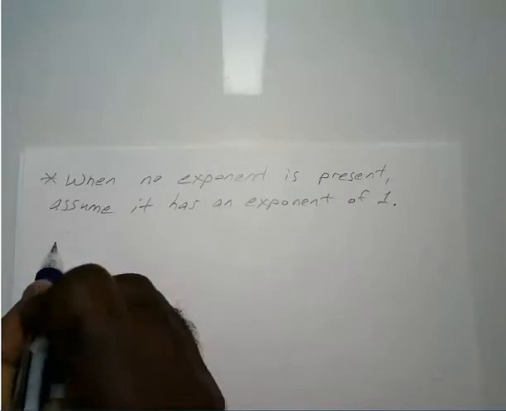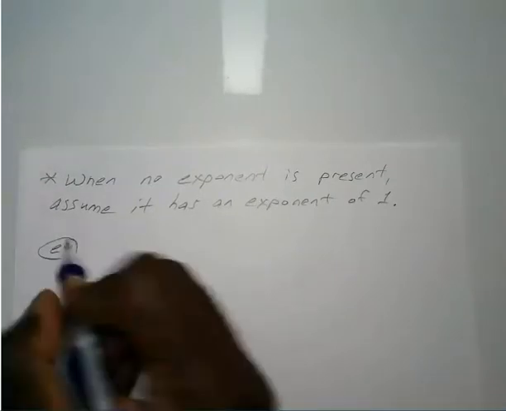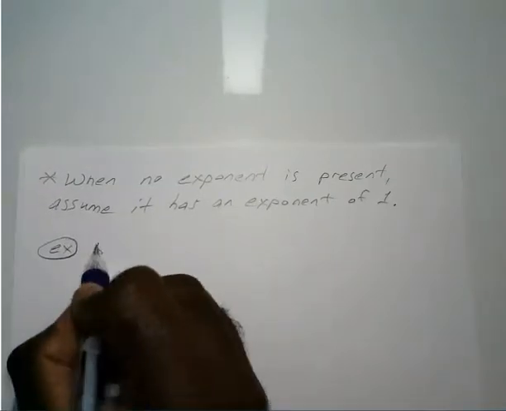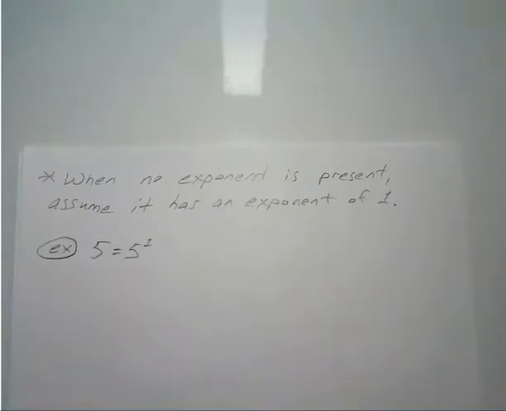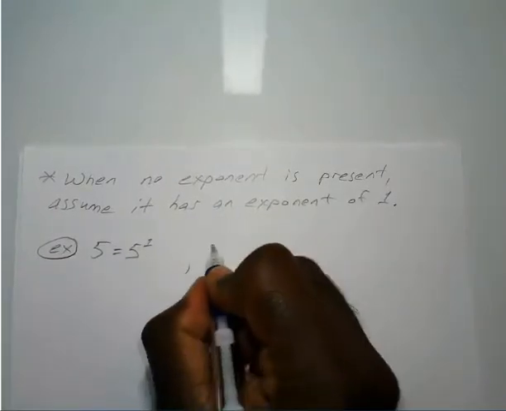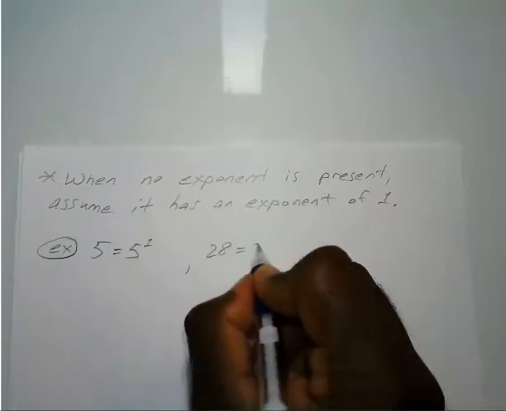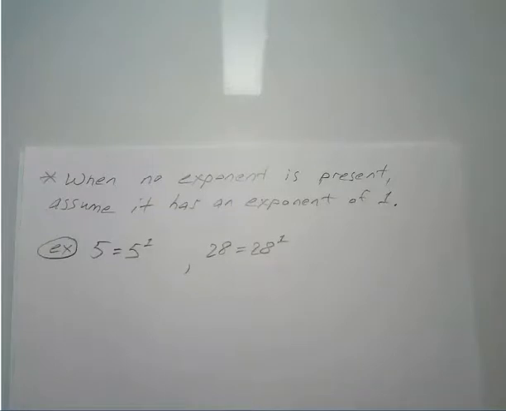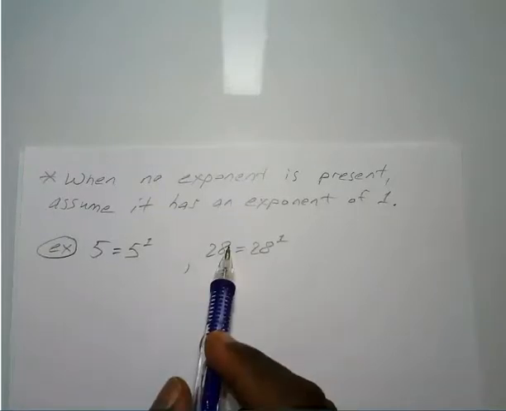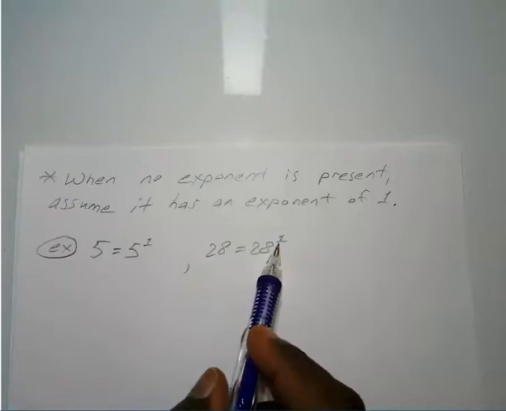For example, if you have 5, that's just 5 to the 1st power. Or if you have 28, that's just 28 to the 1st power. So you always assume that when there's no exponent, it's an exponent of 1.